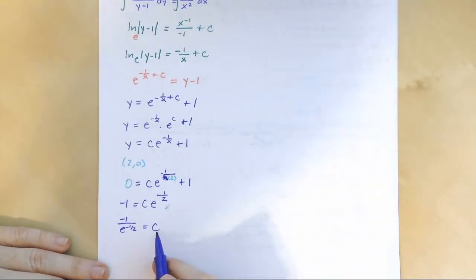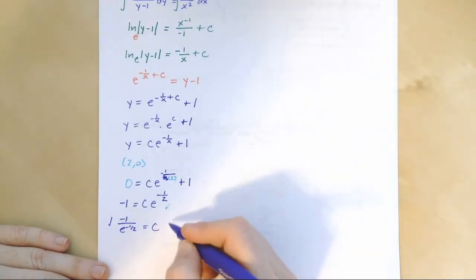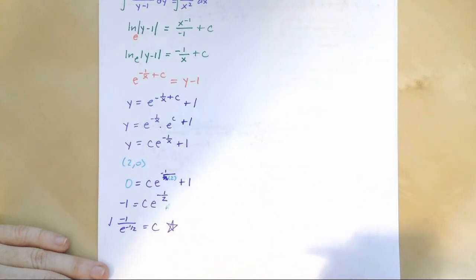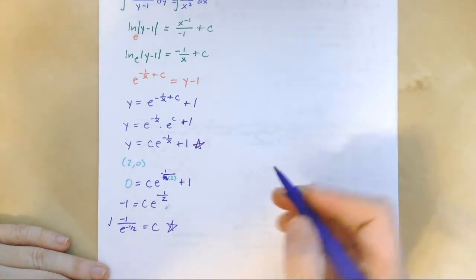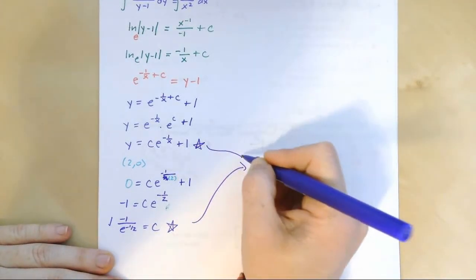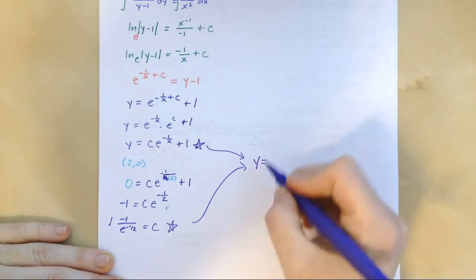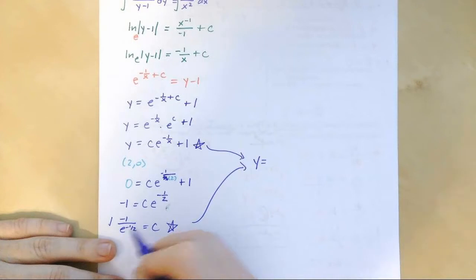Alright, once you've isolated c, you're good. Now the last step, combine the two parts. We have to combine what c is with what y equals. And that's our particular solution. So let's go ahead and do that. Y equals, c was negative 1 over e to the negative 1/2.